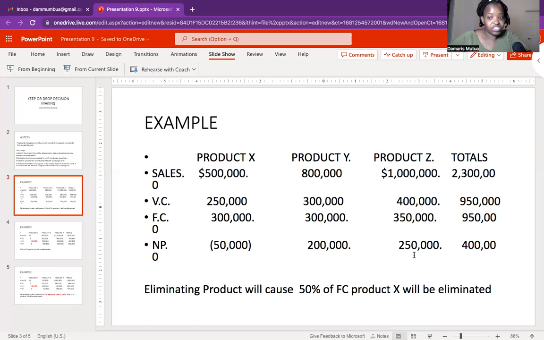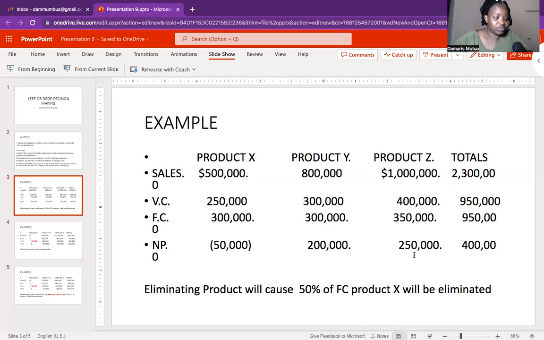So you need to critically look at the figures before you decide to eliminate, to get away with a loss-making department, a product, to make sure that once you've made the decision as an organization, you're better placed. So it's very, very important you critically analyze and look at the figures before you make that decision.